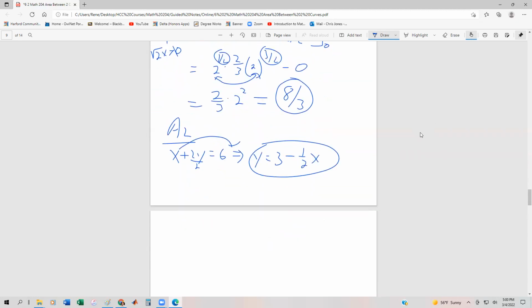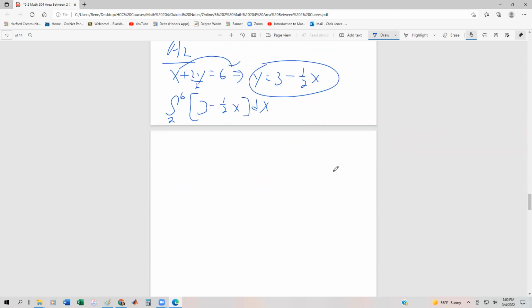And so the integral for this is going to be the integral from 2 to 6 of 3 minus 1/2 x dx. All right, a little bit tougher to evaluate because now we have two non-zero bounds. Not too hard though. 3x minus 1/4 x squared from 2 to 6.